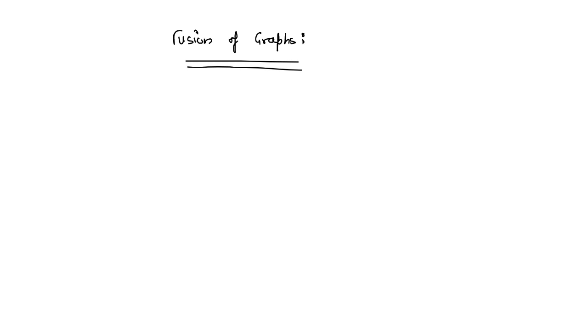That means we fuse at least one vertex from the graph G. So this is known as the fusion of the graph.